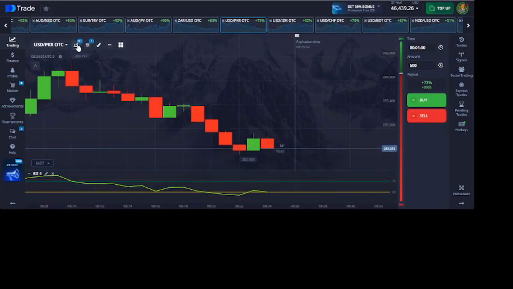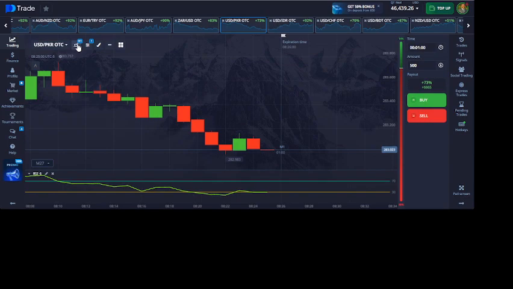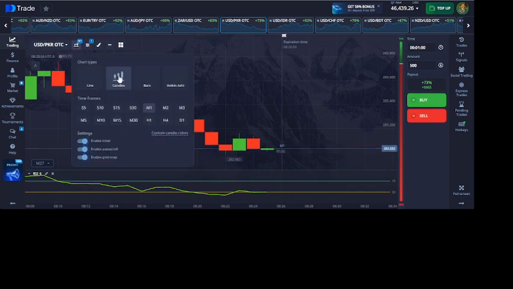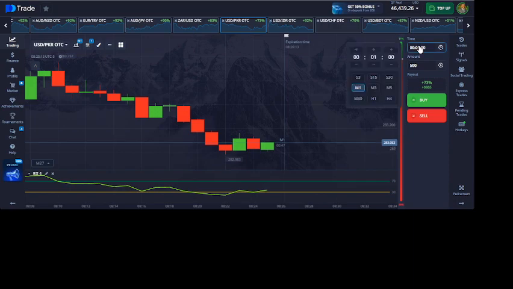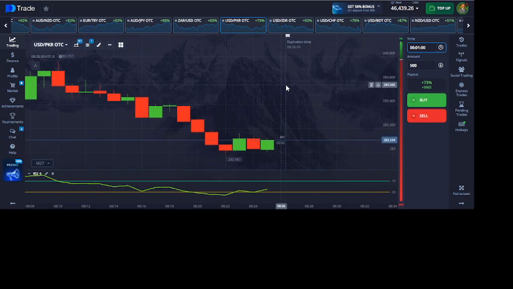For my candlestick chart, I have the candle set to 1 minute, regular Japanese candles. And for my trade timer, as I mentioned before, I'm going to be setting it to 1 minute, so I'll be taking fast 60-second turbo trades.